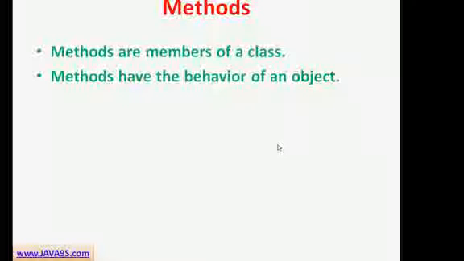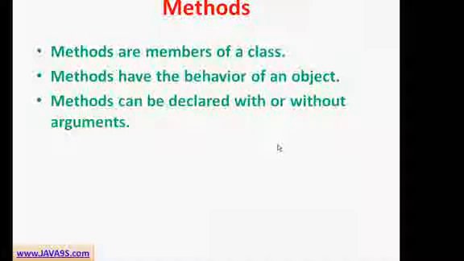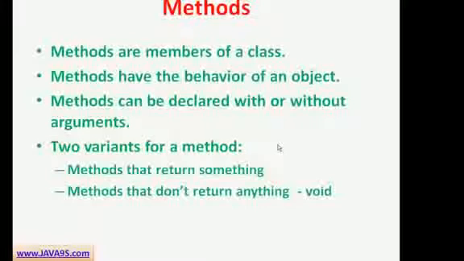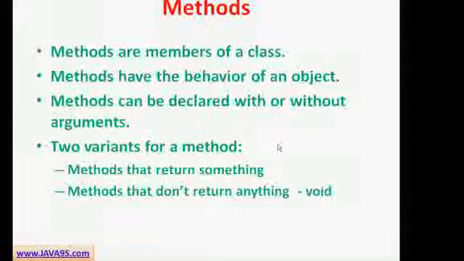So it is a behavior of an object which will be used by other objects, which makes the application run forward. Methods can be declared with or without arguments, and there are two variants for a method: methods that actually return something, and methods that don't return anything.